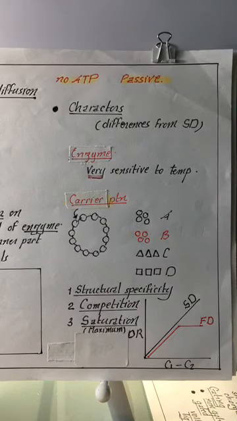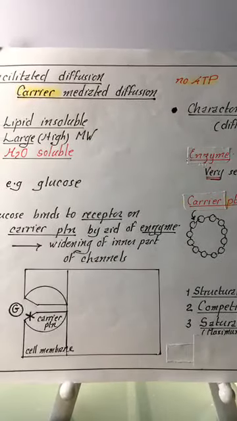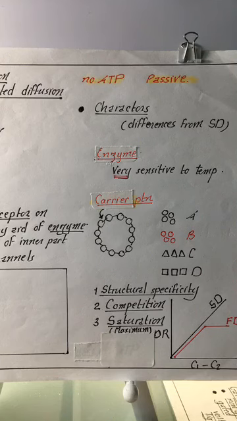This was the second type of diffusion, which is facilitated diffusion or carrier mediated diffusion. And don't ever forget, being a type of diffusion, a very important MCQ fact: it's still passive, which means it does not need ATP.